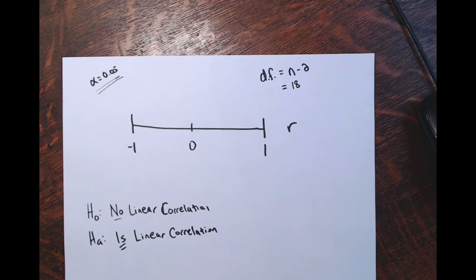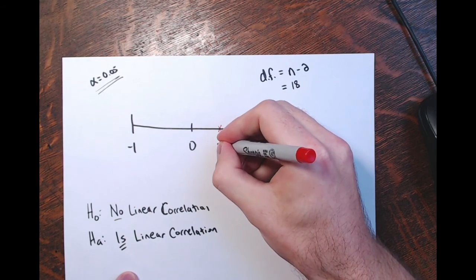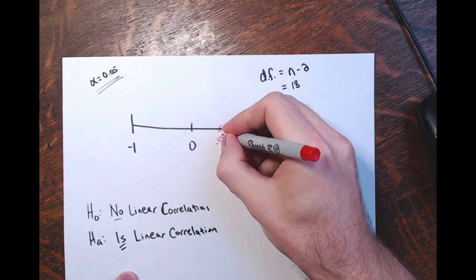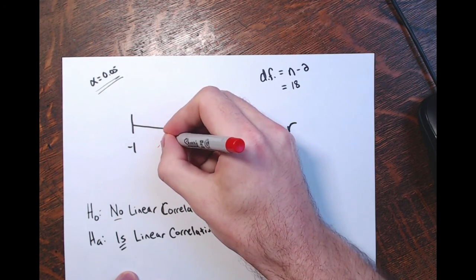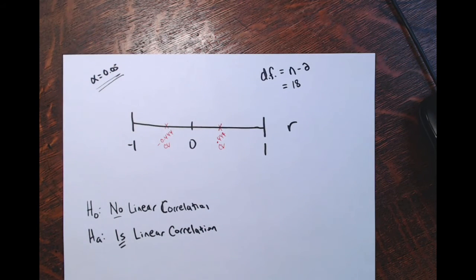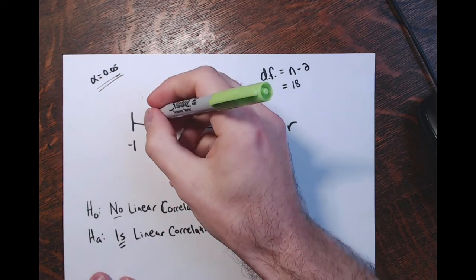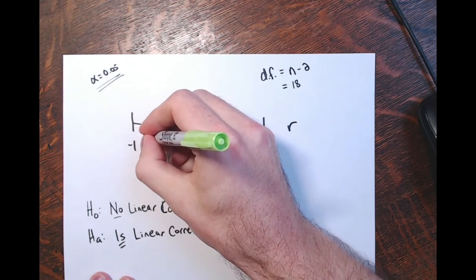I'll mark those off on my number line here. Here's positive 0.444, that's one critical value, and then negative 0.444, the other critical value. Now we were told that for our 20 sample points, we computed r to be negative 0.85, which would be here.